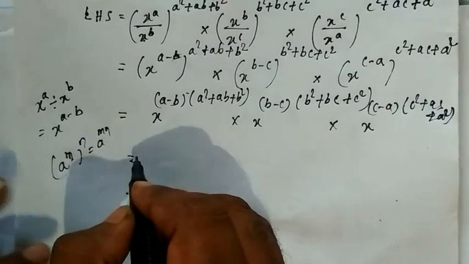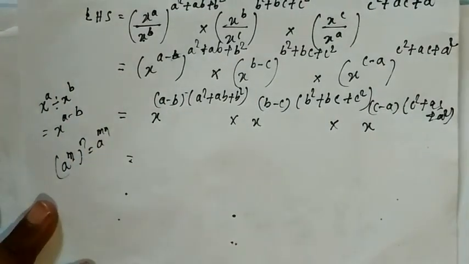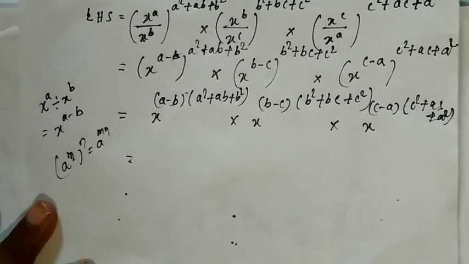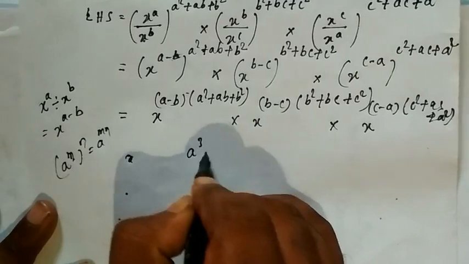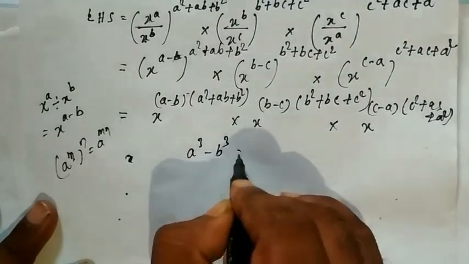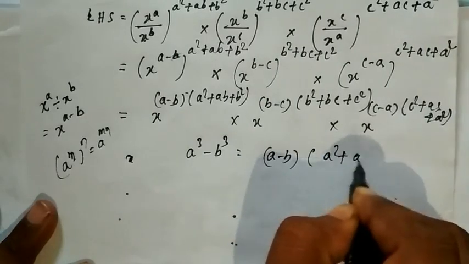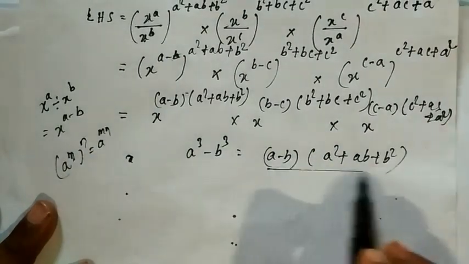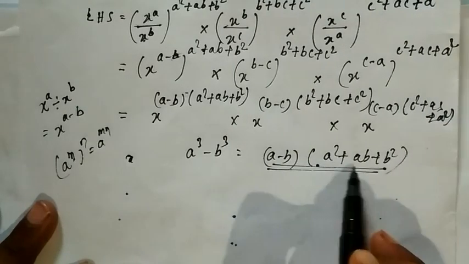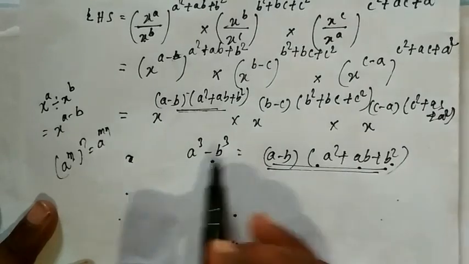Now students, you already know the a cube minus b cube formula. a cube minus b cube is equal to a minus b whole into a square plus ab plus b square. Similarly, in place of a minus b into a square plus ab plus b square, you can substitute a cube minus b cube.